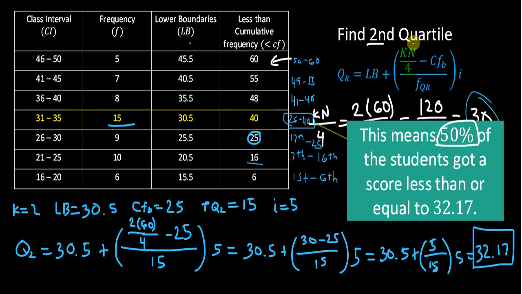Second quartile, 50%. Third quartile, 75%. At yung fourth quartile, that is 100%. So, dahil second quartile, 50% ang gagamitin natin. Kalahati daw ng mga students nakakuha ng 32.17 or mas mababa pa sa 32.17.